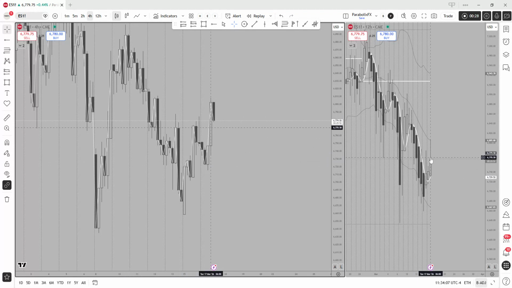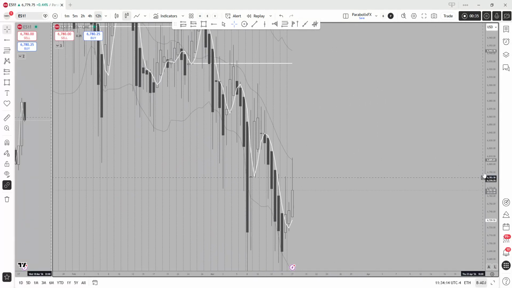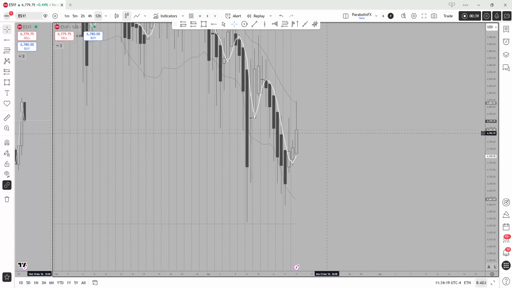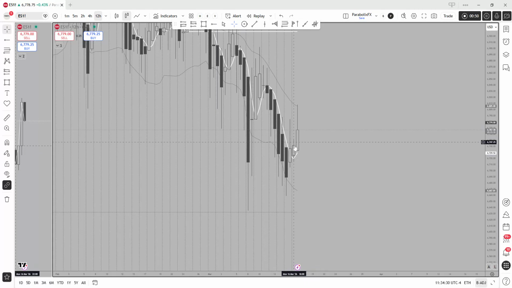So the first thing that I'm looking for on the higher time frame is the following. I'm using Heiken Ashi candles, and the reason for that is because they look at the average price, and then based on that, they form the candles, and it gives a little bit of a smoother look to determine direction.